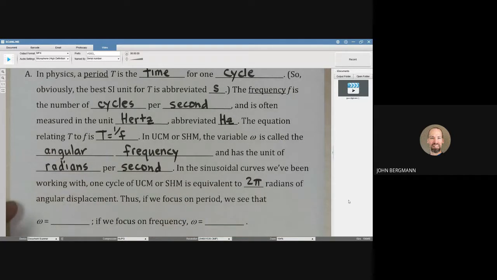Thus, if we focus on period, what's omega? Well, omega is radians per second. One cycle's worth of displacement, one cycle's amount of time, radians per second. And since frequency and period are inverses of each other, another expression is omega is 2 pi times the frequency.